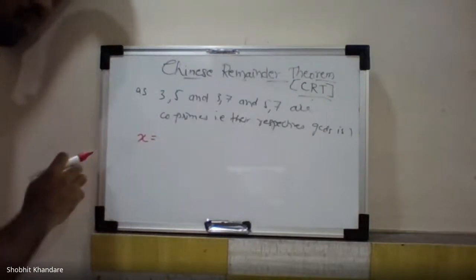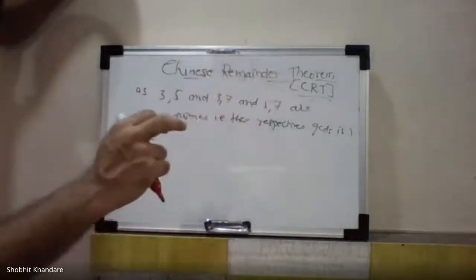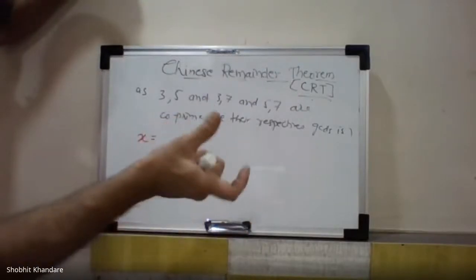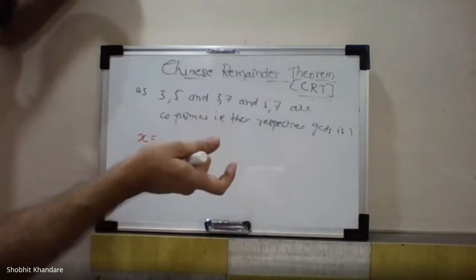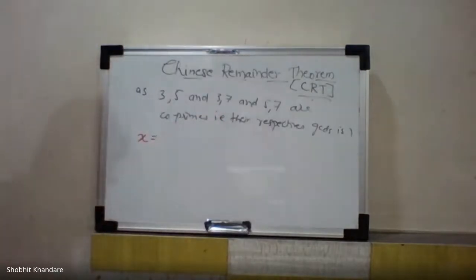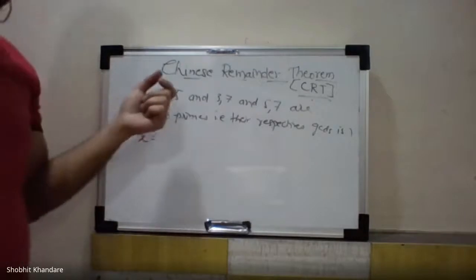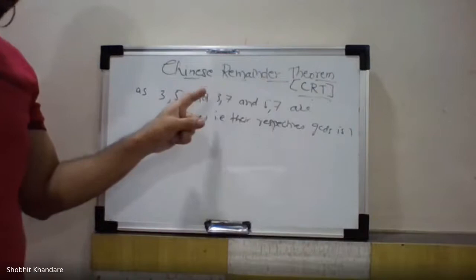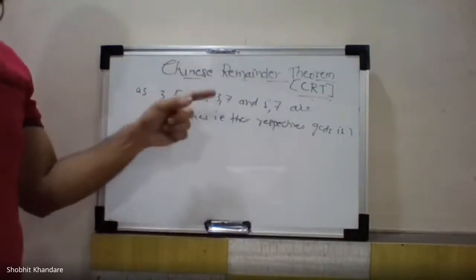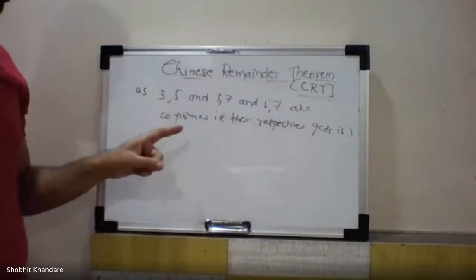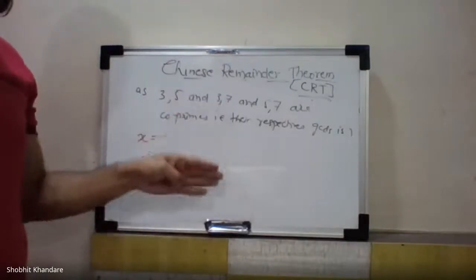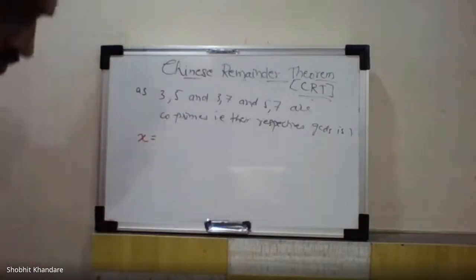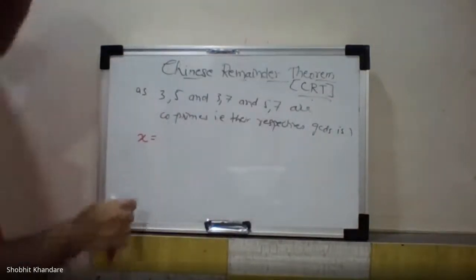If only one thing was given, it was not so difficult, but here we need one common x such that x by 3 gives remainder 2, x by 5 gives remainder 3, x by 7 gives remainder 2. So because of 3 different conditions it becomes complicated. If there was one, it was not so difficult. So what is your approach now?